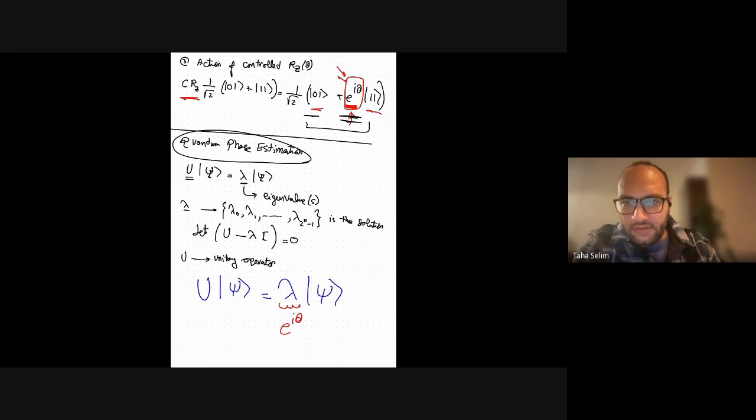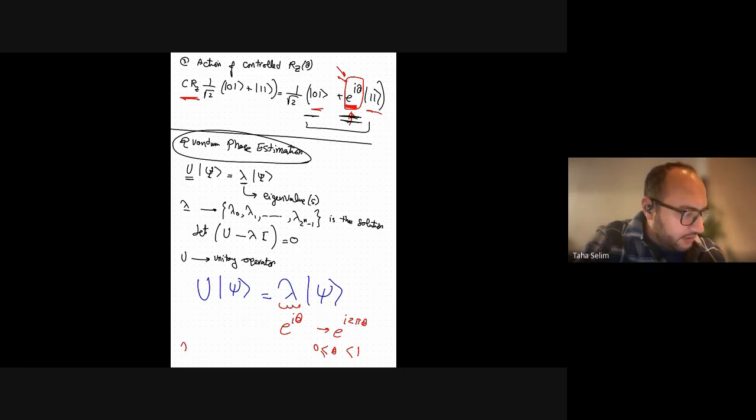So the eigenvalue can be represented in this phase, like e to the power i 2 pi theta, where theta is from 0 to 1.